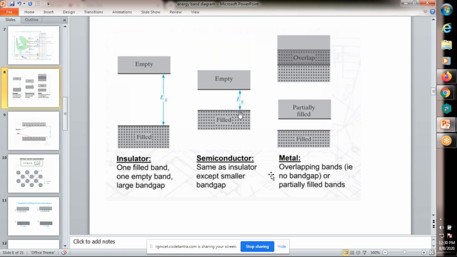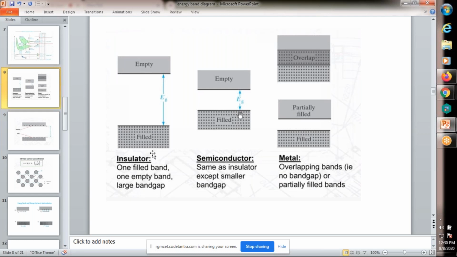This is the difference between the insulator, semiconductor, and metals in terms of band gap energy. So the final conclusion is that band gap energy is very high in insulators, which indicates that these electrons cannot jump into the conduction band.